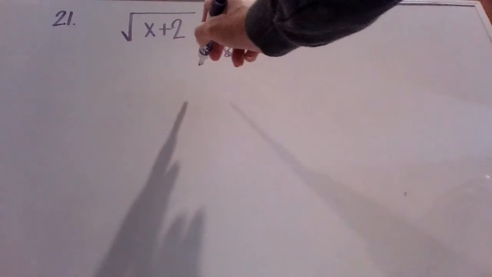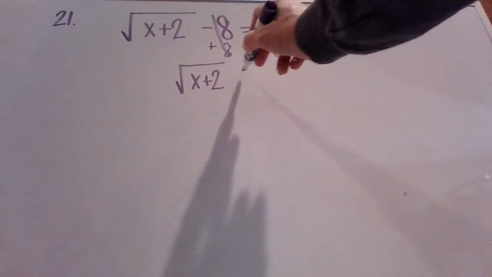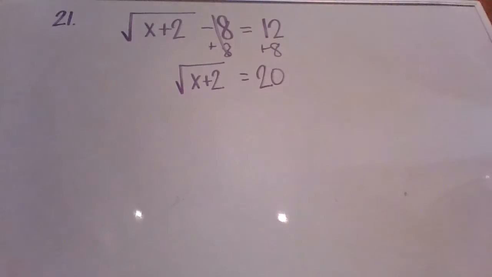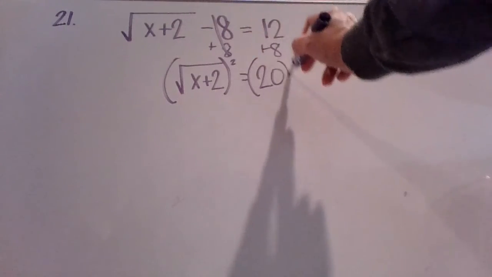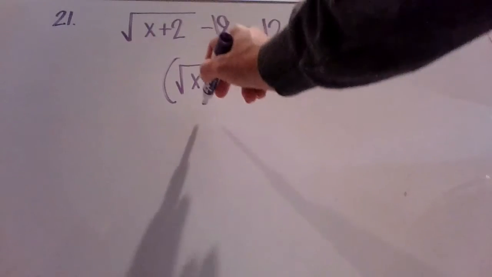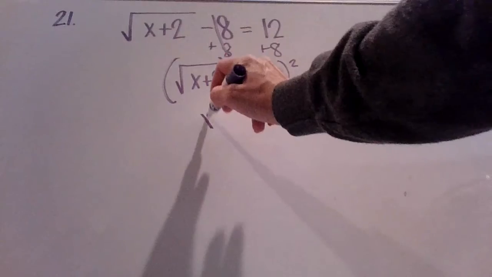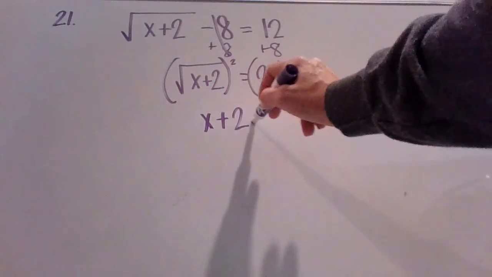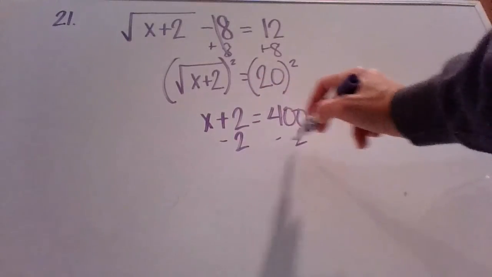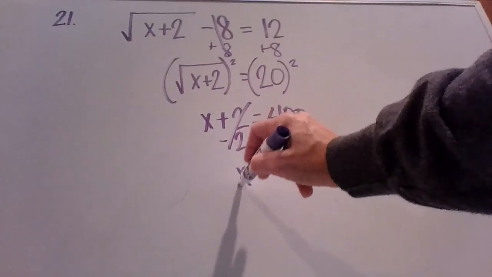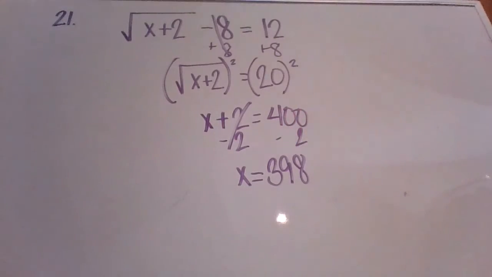This cancels out, and we're left with the square root of x plus 2 is equal to 20. I'm going to square both sides. Squaring this eliminates the square root sign, the radical sign, so I'm left with x plus 2 equals 400. Subtract 2, that cancels out, and I'm left with x equals 398.